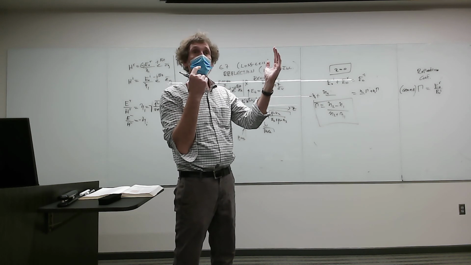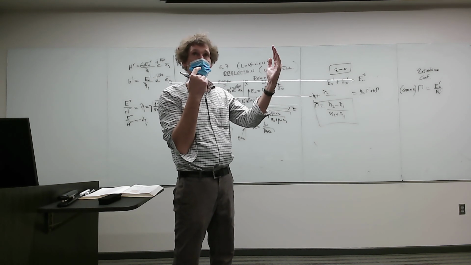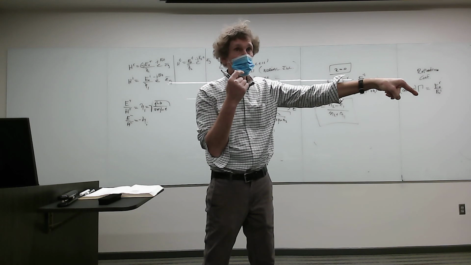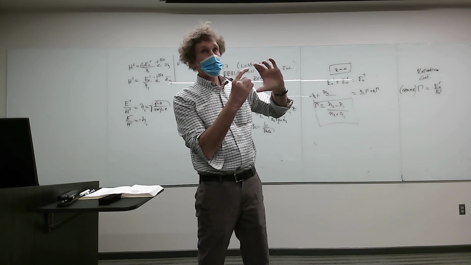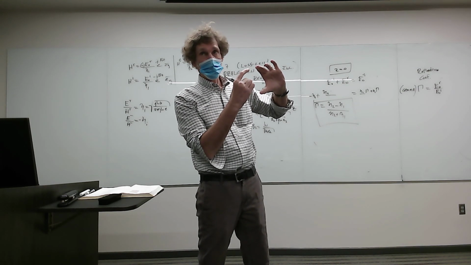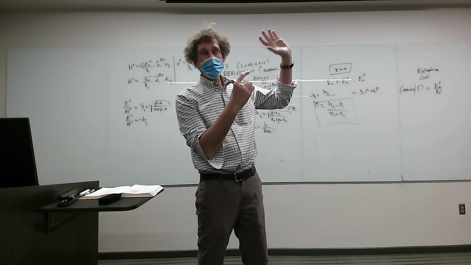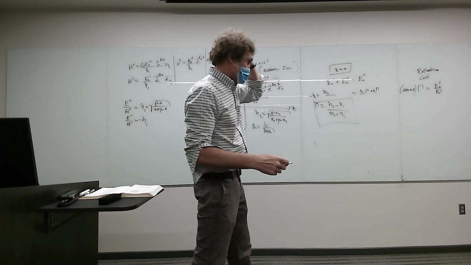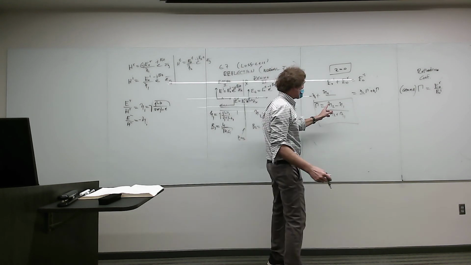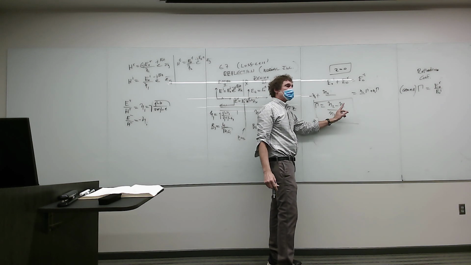The actual reflection coefficient at that boundary was equal to the impedance you're going into, Z2, minus the characteristic impedance you came from, Z1, over the sum of the two. How many remember that? It's the same thing here. It's the impedance you're going into minus the impedance you came from divided by the sum.